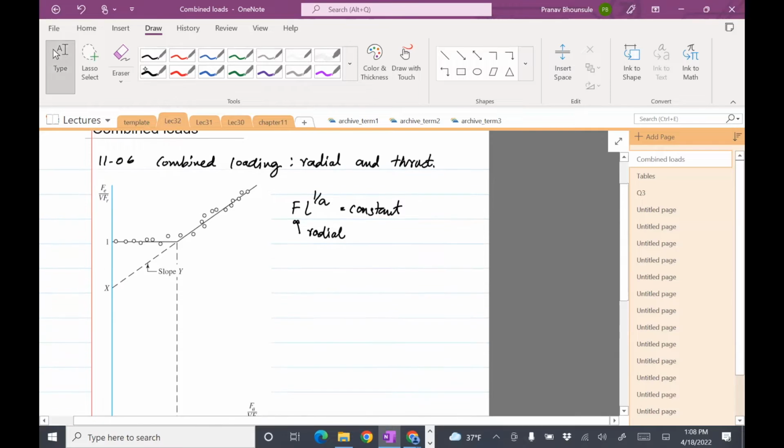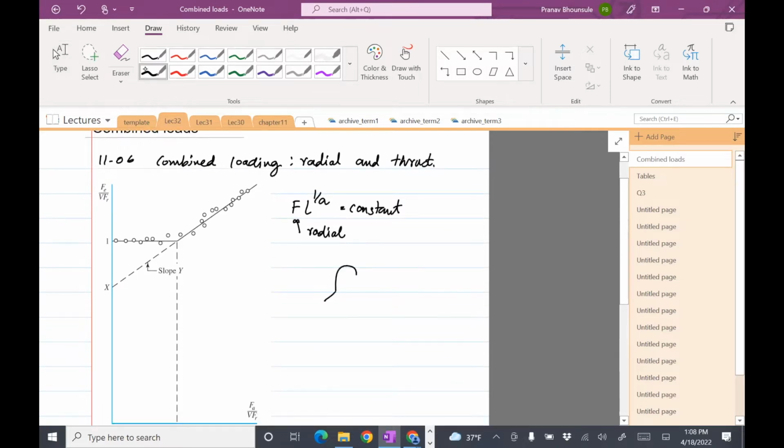But what if the bearing is, so assume there's a bearing. If the radial load comes this way, the axial load, so assume that there's a shaft which goes in, the axial load will come this way, along the axis of the shaft.